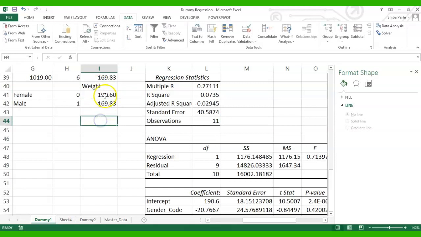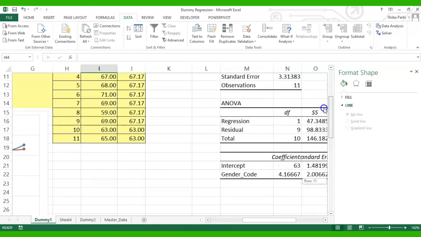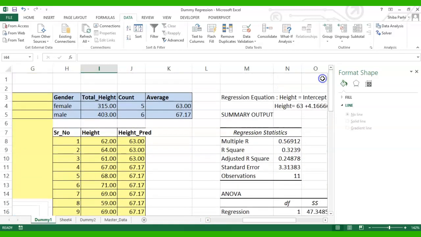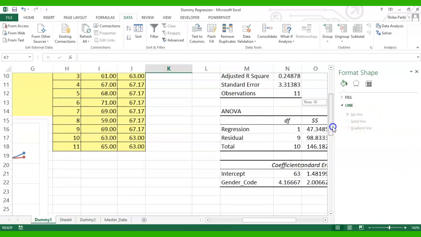So let us see the original data. If you see this data, the average height of the female is 63, the average height of the male is 67.3. The difference between these two is my regression coefficient.